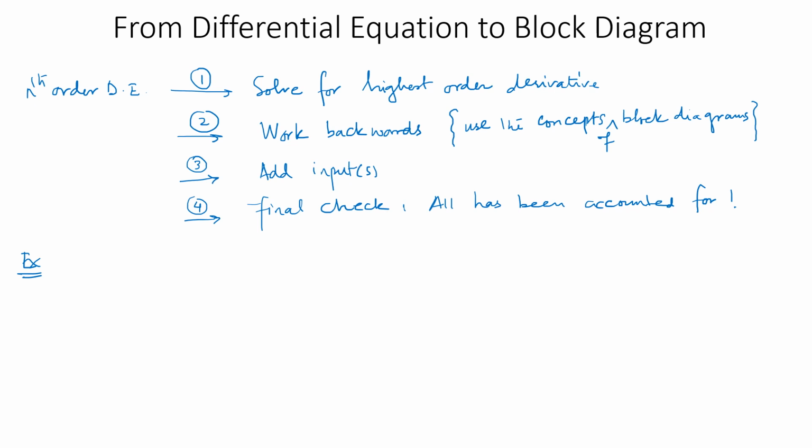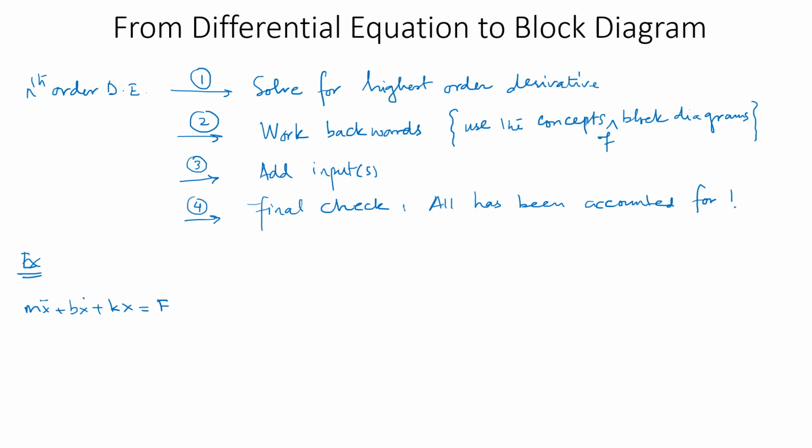Let me recall, we have done one very simple spring mass damper system. So let's do that in order to make it much simpler. So that was something like in the nth order differential form, it was m x double dot added with b x dot plus k x to be equal to f. So that was your differential equation.